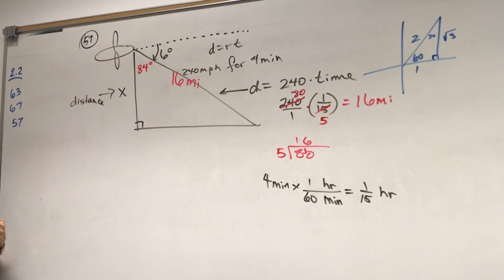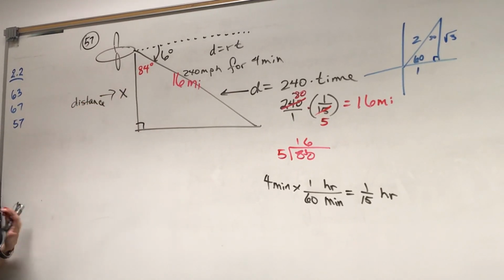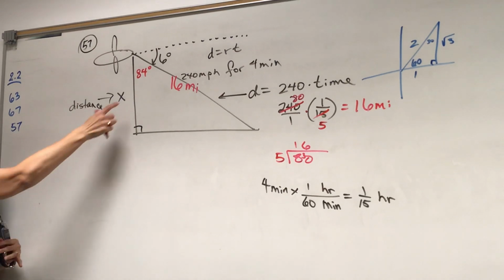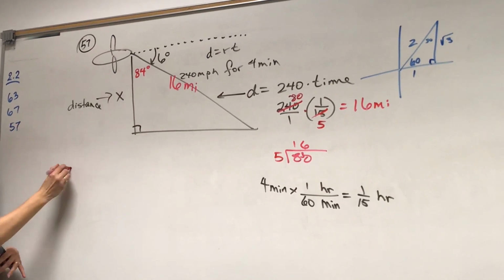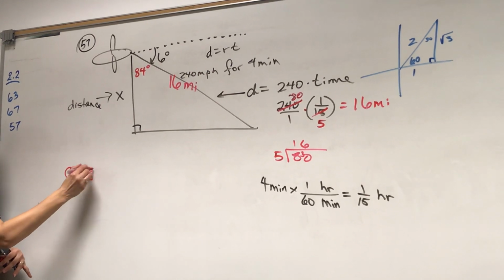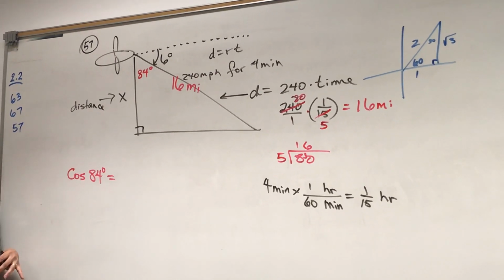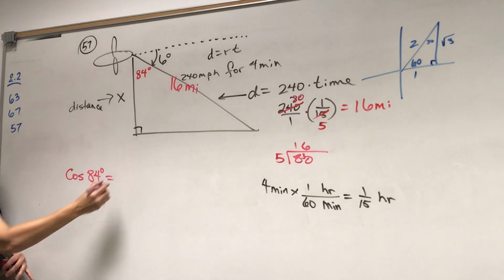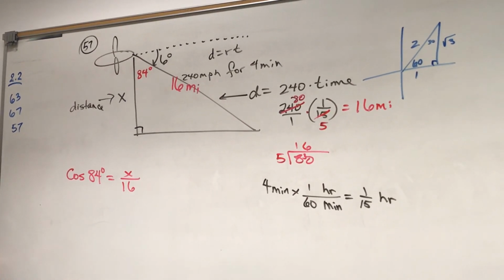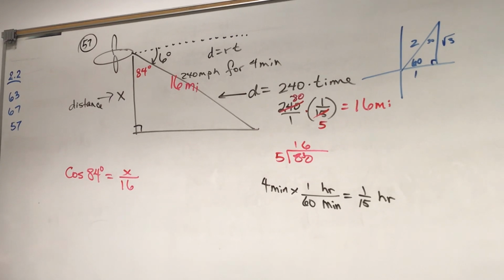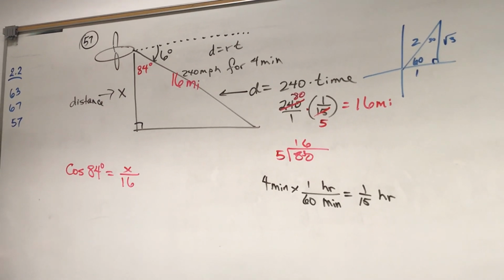It's 6 degrees. But we can then say, now we're going to plug in all the pieces. We're using adjacent, hypotenuse, that is cosine. The cosine of the angle is adjacent over hypotenuse. How was that? That was easy.